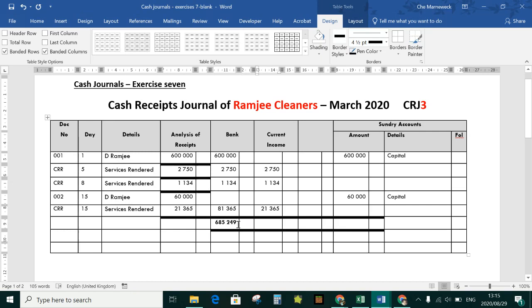We add current income, so 2,750 plus 1,134 plus 21,365, and we get 25,249. And we add our sundry accounts up and we get 660,000. And there we go. Cash receipts journal done.